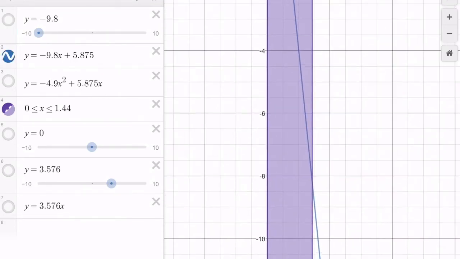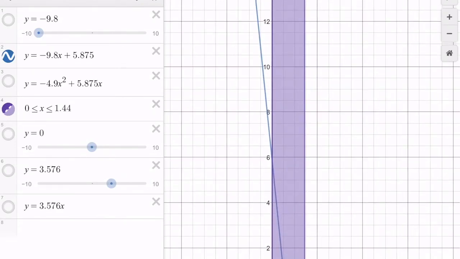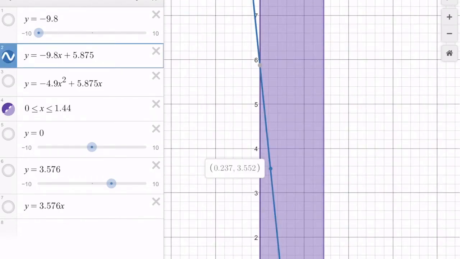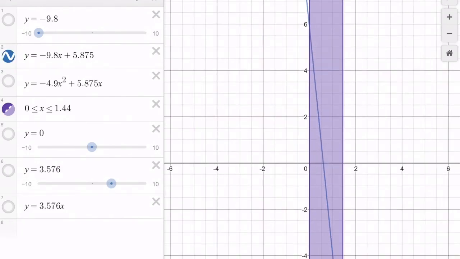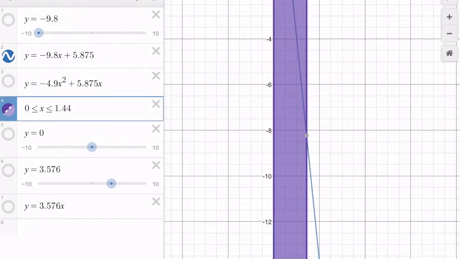In comparison, this is the velocity graph in the vertical direction, and we find that at 0, it is 5.875, which was our initial vertical velocity, and when vertical velocity is 0, time is 0.599. At the end of the motion, at t equals 1.44, vertical velocity is minus 8.2.